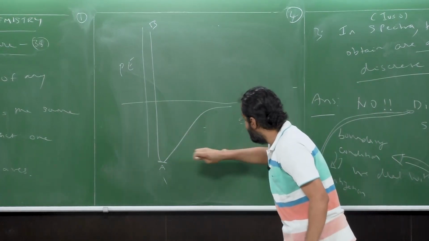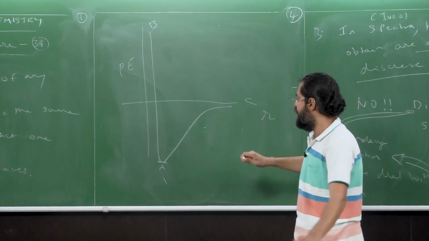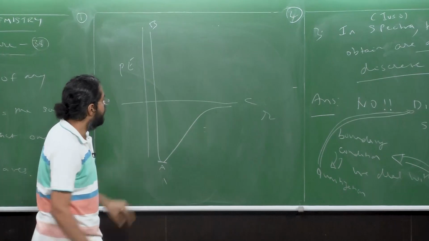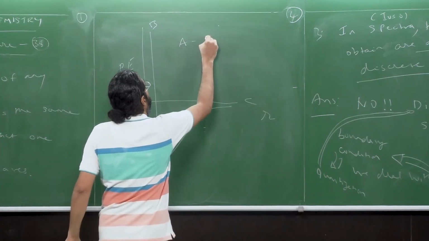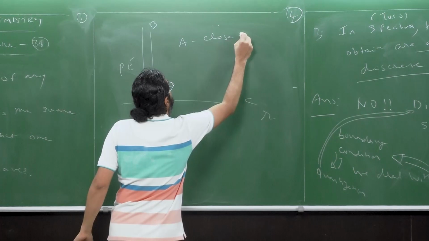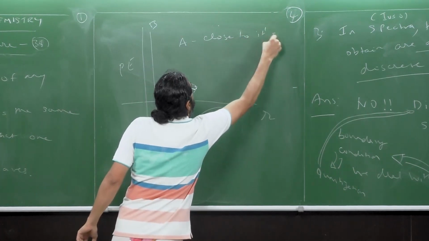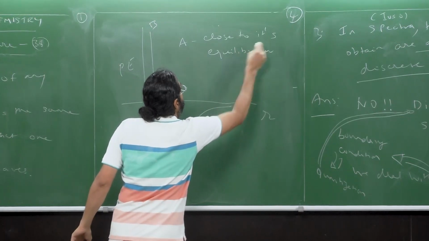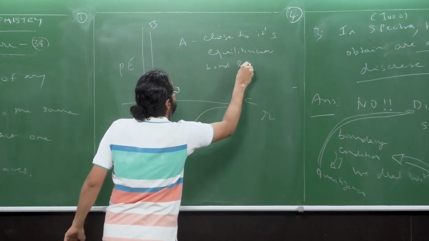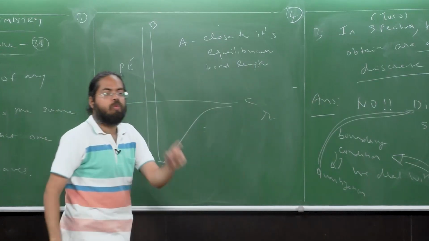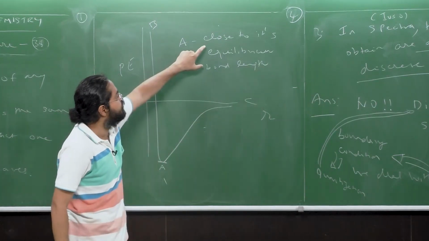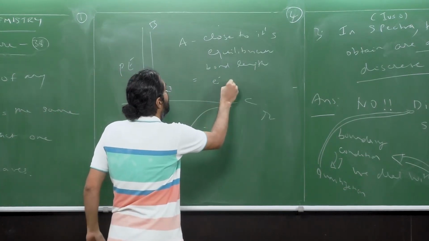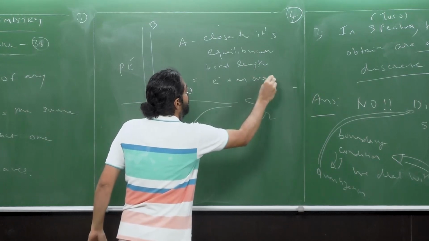Now, if you consider region A, the molecule is close to its equilibrium bond length. What happens as a result of this phenomenon is that the electrons and nucleus are tightly bound.